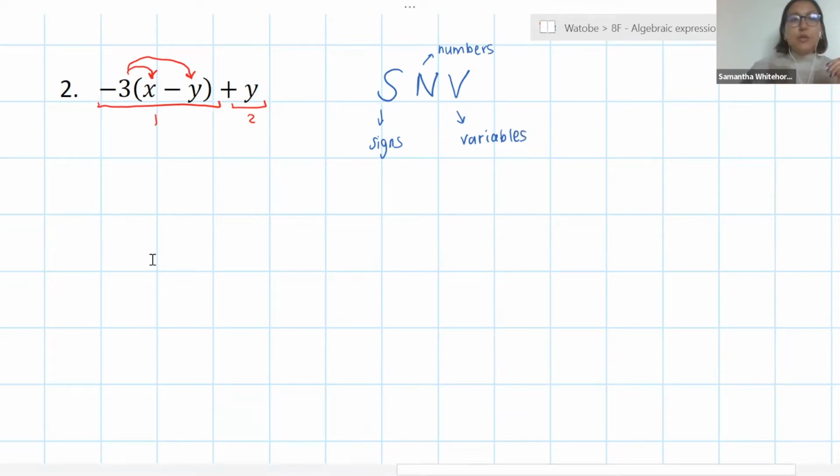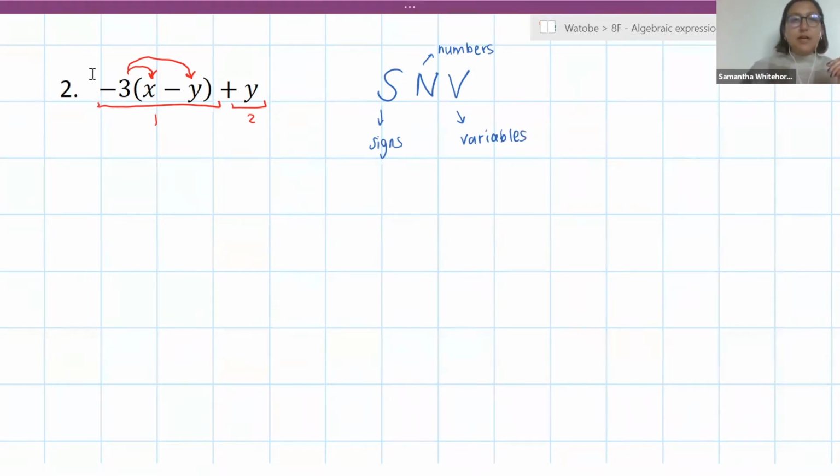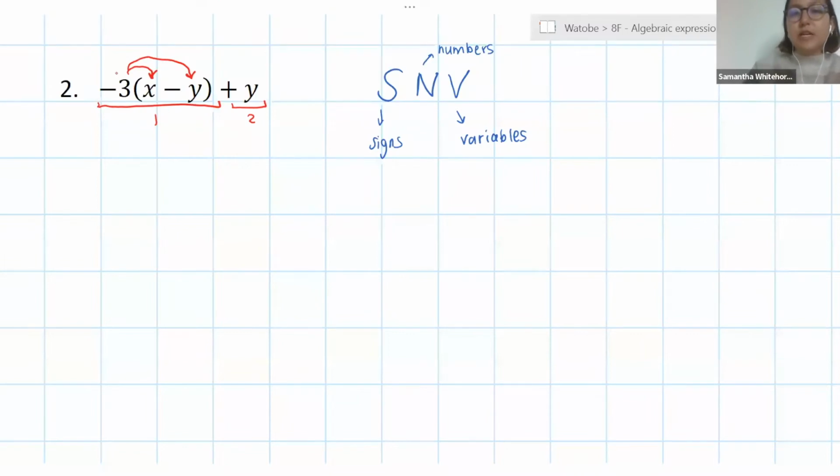So very quickly, if we break this down, I'm going to deal with the first multiplication of -3 times x. So we start with the signs. If I've got a negative times a positive, quickly pop it in the chat for me. What sign will you have?